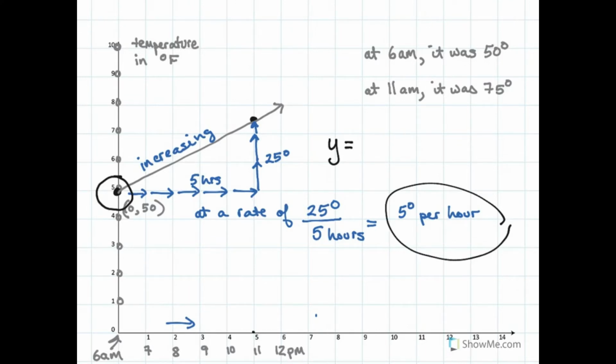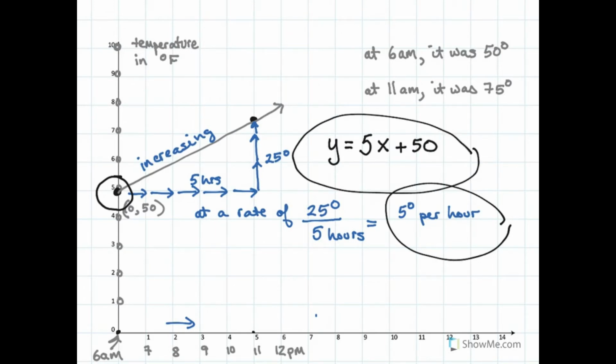Y equals, well, every hour that goes by for x, the temperature is going to go up 5 degrees. So if I multiply x by 5, then after 1 hour, it's gone 5 degrees up, 2 hours, 10 degrees up, 3 hours, 15 degrees up, and so forth, so that's good. But it didn't start at 0, it started at 50. So those up points are going from the 50 where it started.